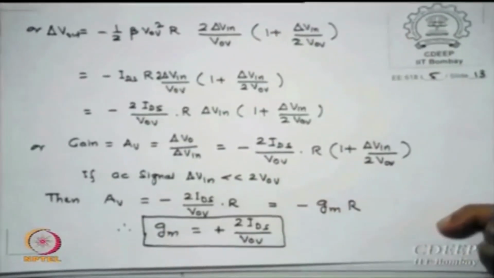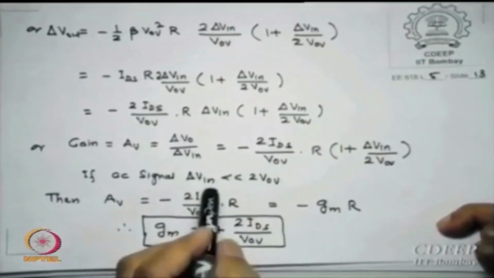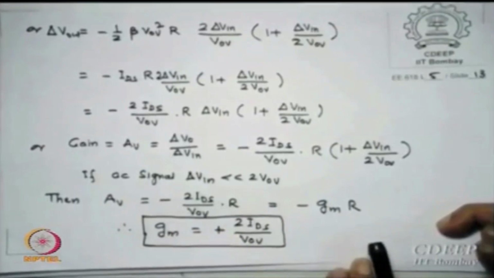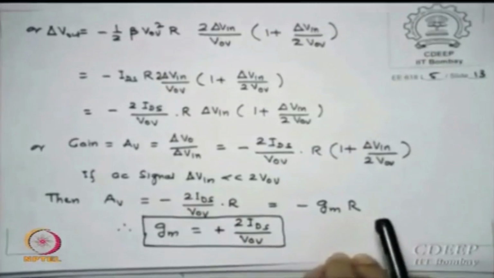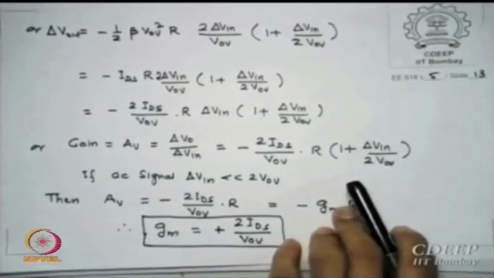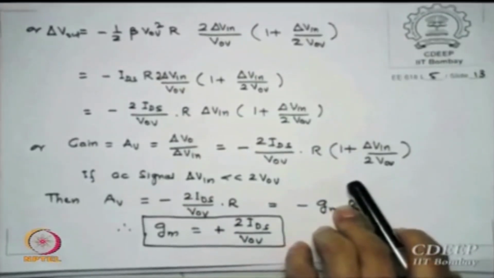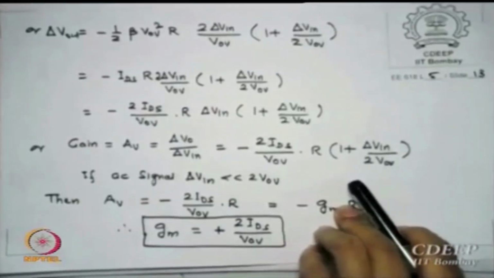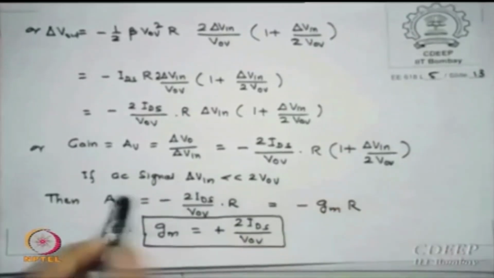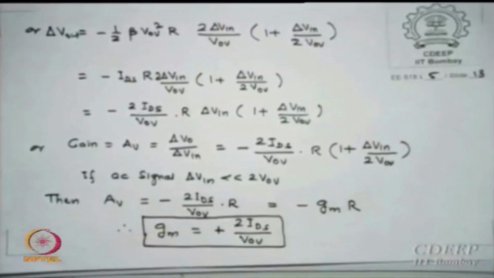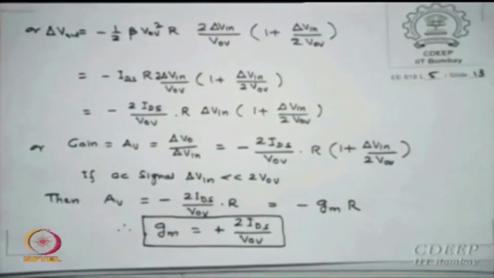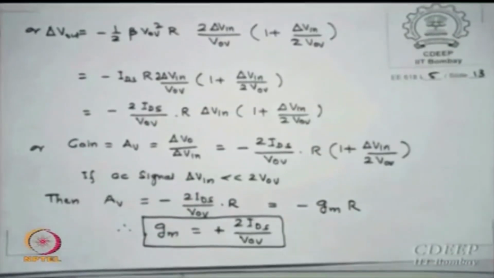If it is a small signal, AC signal, delta V in is much smaller than VOV, because what is VOV? Capital VGS minus VT. VGS is the bias value, volts. What will signals be? Millivolts. So as long as that is the condition, delta V in must be very small compared to VOV. Is that correct? Then it is small signal.